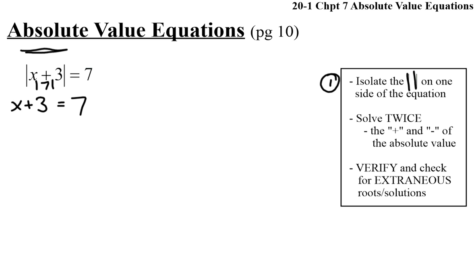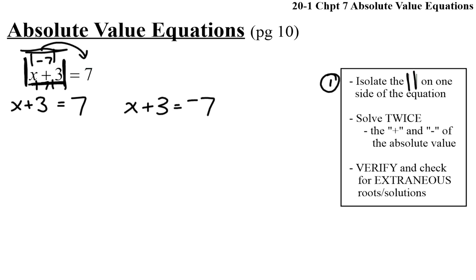So that's all right. But what else could x plus 3 equal? If x plus 3 in the absolute equaled negative 7, we'd still be happy, because the absolute of that negative 7 would equal 7. So our x plus 3 could also be the negative of what we're trying to find.